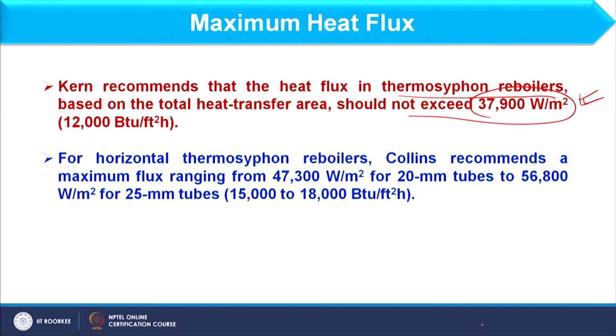However, for horizontal thermosiphon reboiler, Collins recommended a maximum range from 47,300 to 56,800 watt per meter square, where the lower value is for 20 mm tubes and the higher value is for 25 mm tubes. So, in this way you consider the maximum heat flux while designing horizontal as well as vertical thermosiphon reboiler.